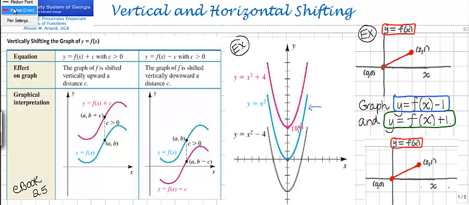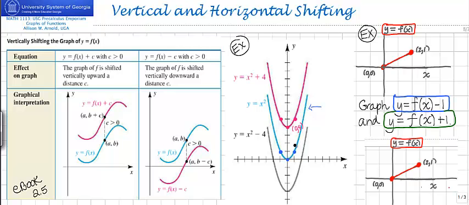So for example, this guy plotted is (1, 1). This guy is (-1, 1). So on your new graph, moving up 4, you will have the points (1, 5) and (-1, 5).